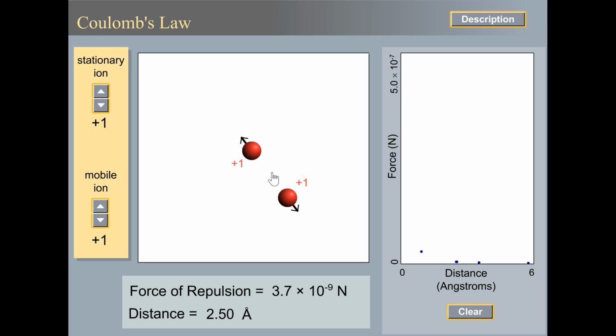Just take a look at how big the arrows are. So if I go to 1.5, okay, now we're at 1 times 10 to the negative 8. Let's go back to 2.5. Okay, that's about there. And it's at 3.7.